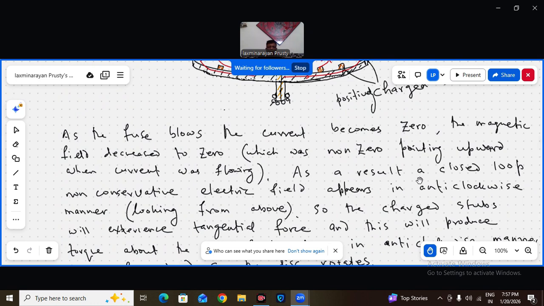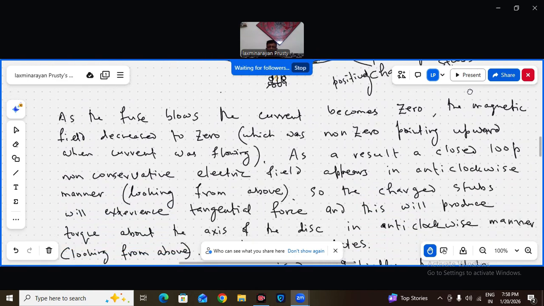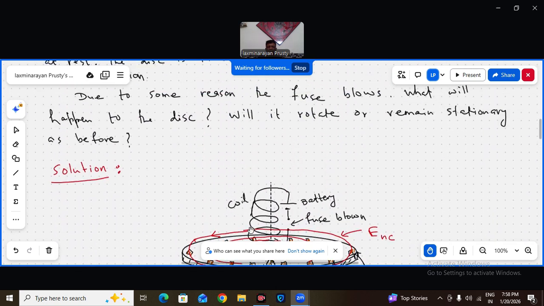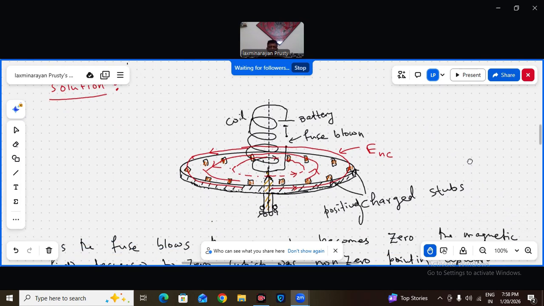As a result, a closed loop non-conservative electric field appears, as you see in the second diagram. And in which direction? In anti-clockwise direction as per Lenz's law, because the field was pointing up and now suddenly reduces in the upward direction. So the non-conservative electric field should be in anti-clockwise direction looking from above. This you must be knowing.